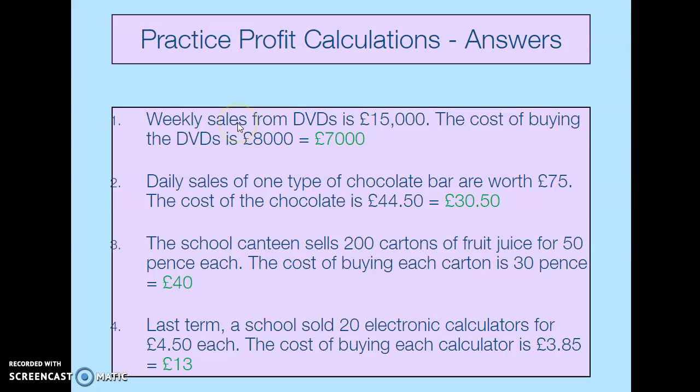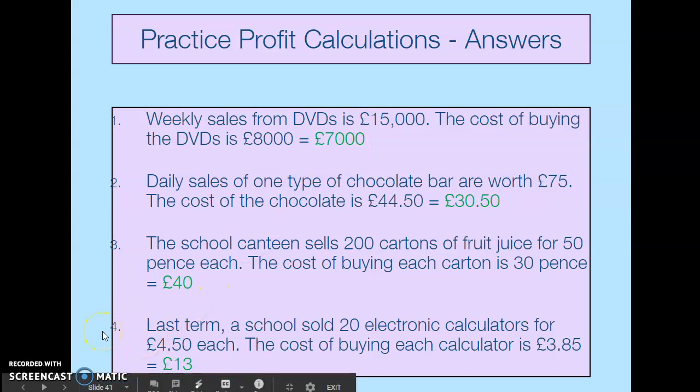Weekly sales from DVDs is £15,000. The cost of buying these DVDs is £8,000. How am I going to find my profit? I'm going to have to subtract the costs from my revenue. My revenue is £15,000, my costs are £8,000, and I'm left with £7,000 profit. Now, no, I'll do number 4.